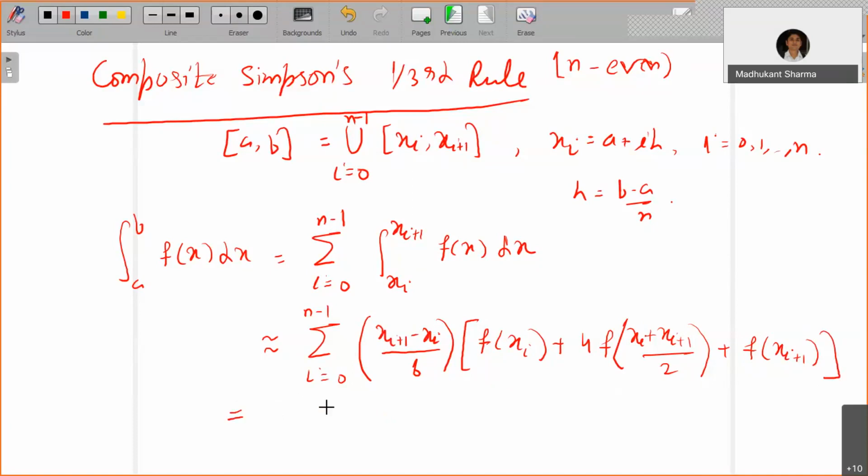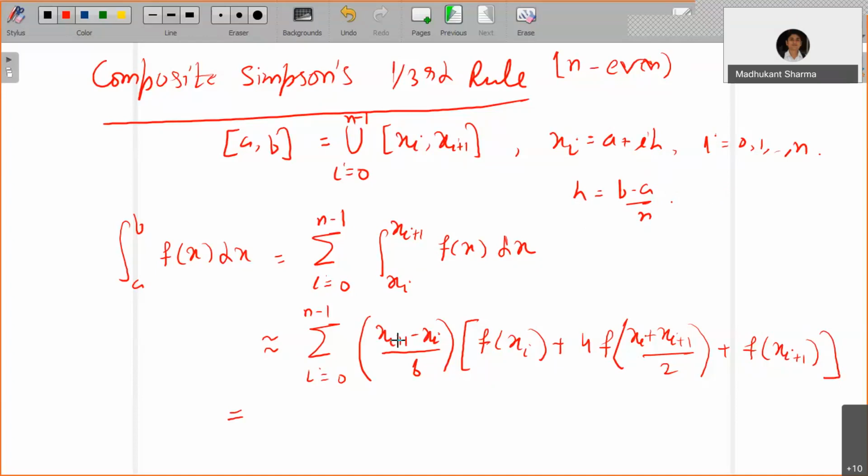So see here, xi plus 1 minus xi, in the previous case h was b minus a by 2, if you recall, because it uses 3 points.